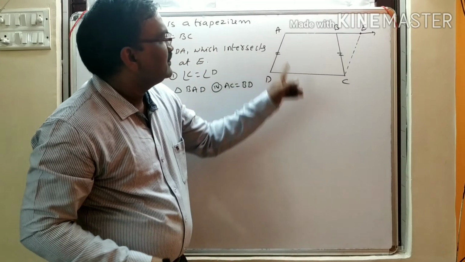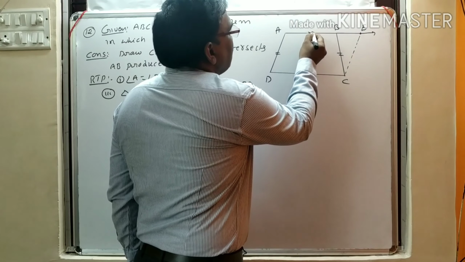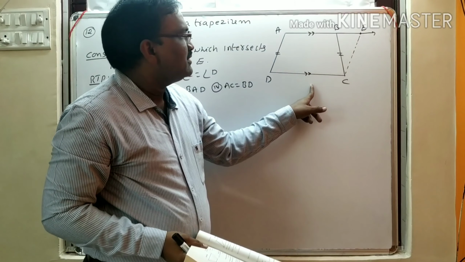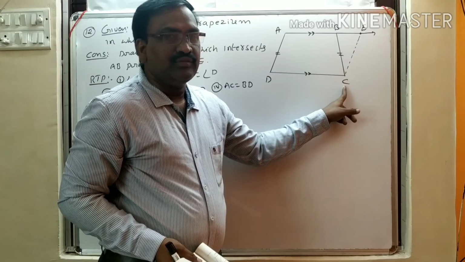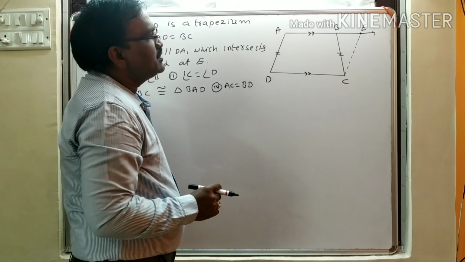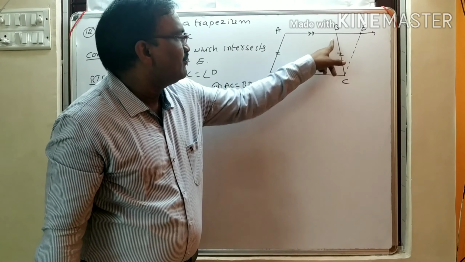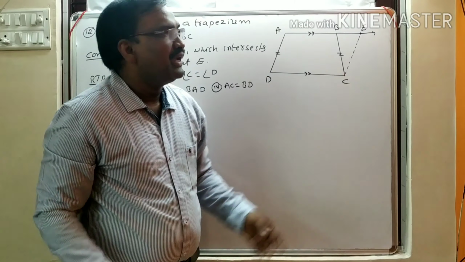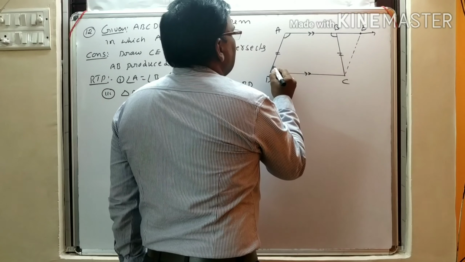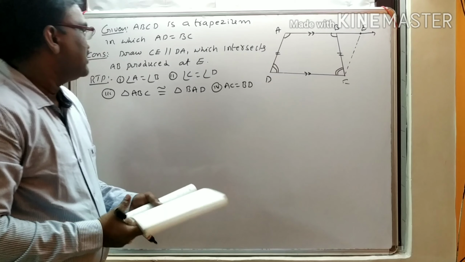See, given ABCD is a trapezium in which AB is parallel to DC. These two are parallel sides, and given AD is equal to BC. So non-parallel sides are equal. So RTP: prove that angle A is equal to angle B and angle D is equal to angle C. That is one condition.